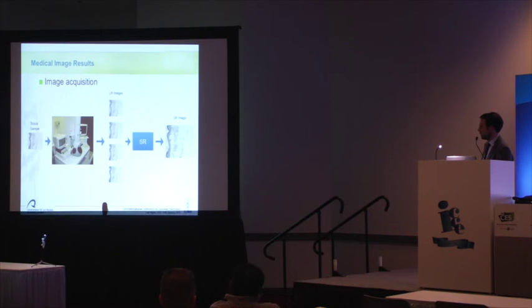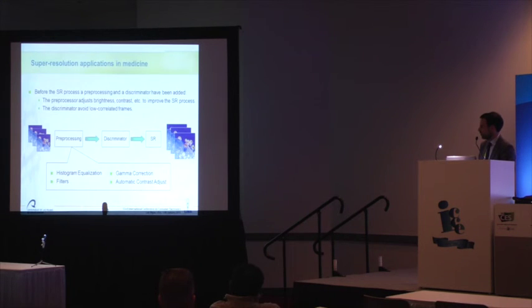We have several low-resolution images with some motion between them, and then we apply super resolution, and we got very good results because we applied some pre-processing before super resolution, based on typical image improvement techniques such as histogram equalization, gamma correction, etc. We also put in the middle a discriminator to avoid using poorly correlated frames.